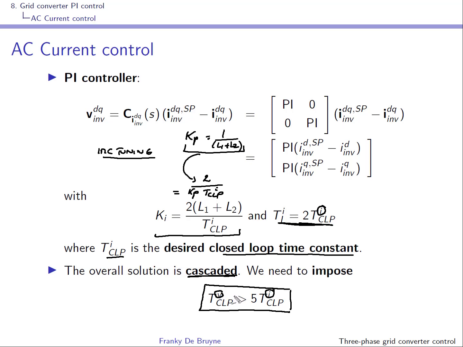It says it's larger than 5, and I would even advise that for the current, TCLP, you can take approximately 1 millisecond. And I would take the time constant for the voltage approximately 20 times larger than the time constant for the current loop. This is something you can experiment with, but this should be quite okay already.